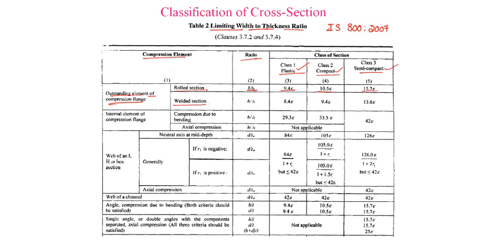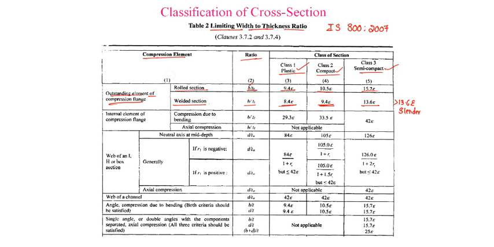Similarly, in welded sections, for b by tf equal to 8.4 epsilon or less, it is plastic. Between 8.4 and 9.4 it is compact. Between 9.4 epsilon and 13.6 epsilon it is semi-compact, and greater than 13.6 epsilon it is slender.